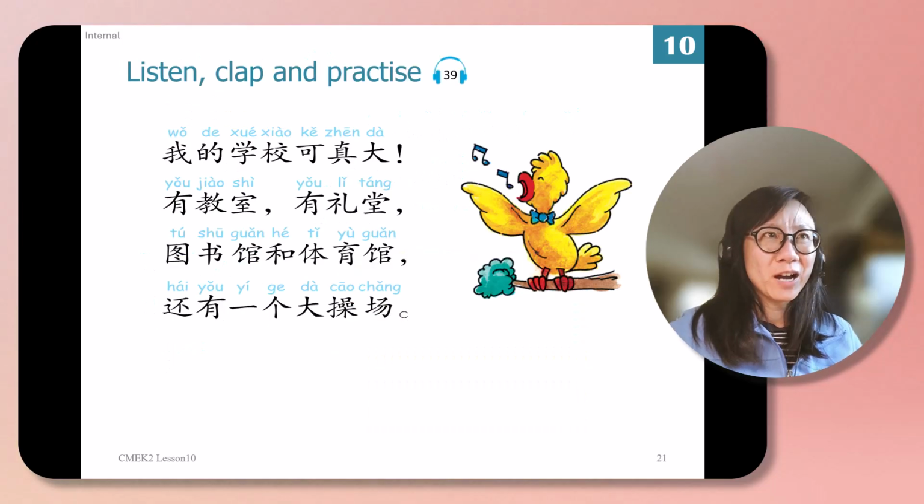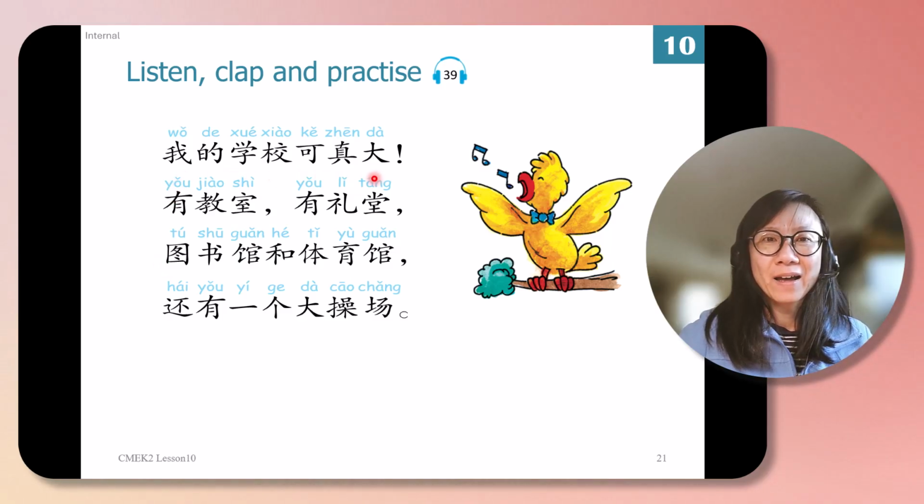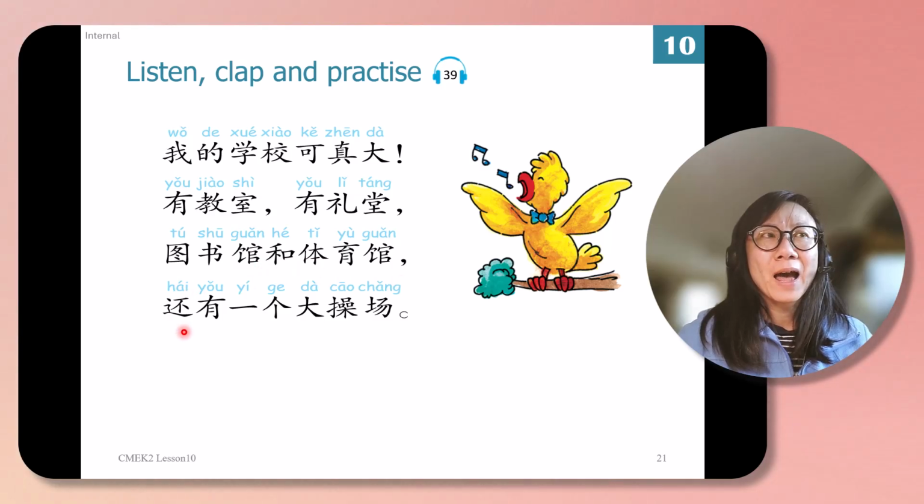Now let's read this chant. 我的学校可真大，有教室，有礼堂，图书馆和体育馆，还有一个大操场。And let's do it again.